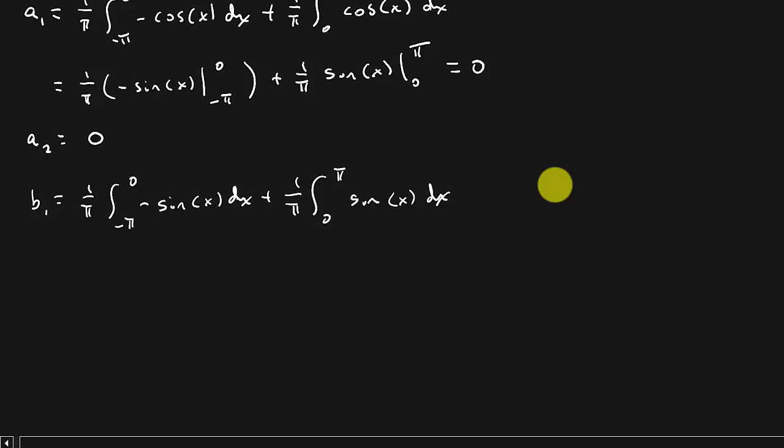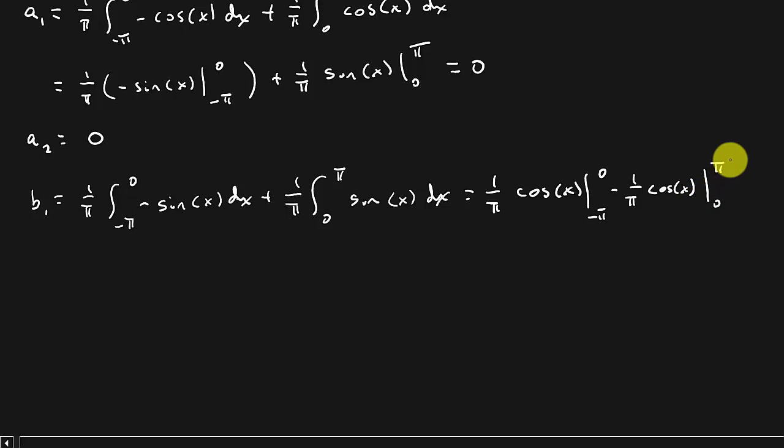All right, so let's go ahead and integrate this. So that's going to be 1 over pi cosine x from negative pi to 0. And then the integral of sine x is negative cosine, so that's going to be minus 1 over pi cosine x from 0 to pi.